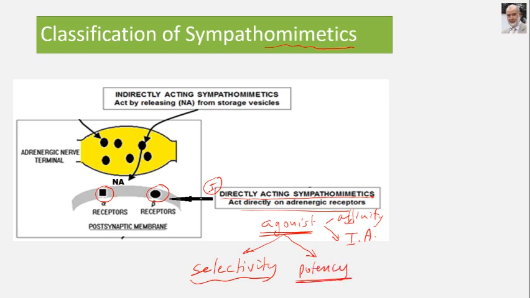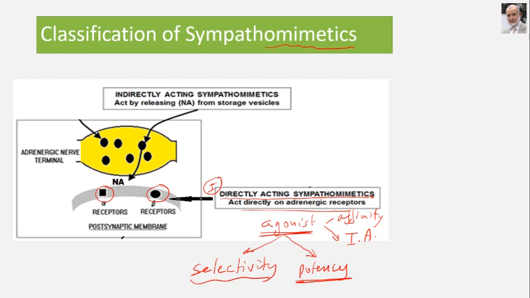Some of them are potent at certain types of receptors and have weak potency on another type of receptor. So this is the first group: drugs which act directly as agonists on adrenergic receptors.